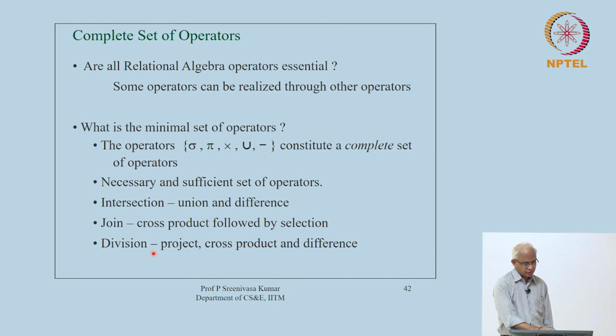The division also you take as an exercise and work out how to do it without using the other operators. Division is not an essential operator actually; you can do it with the basic operators project, cross product and difference. I am just giving a hint here, but you have to work out exactly how to do that.